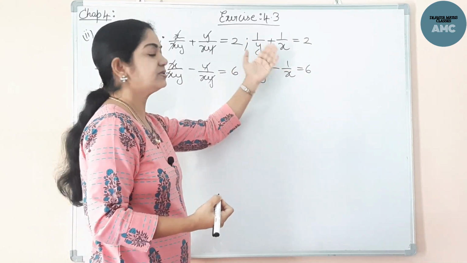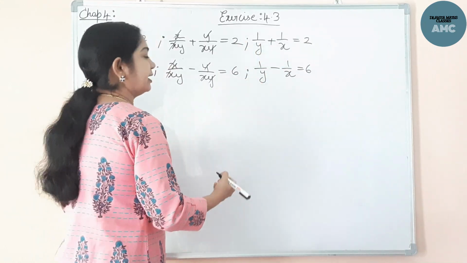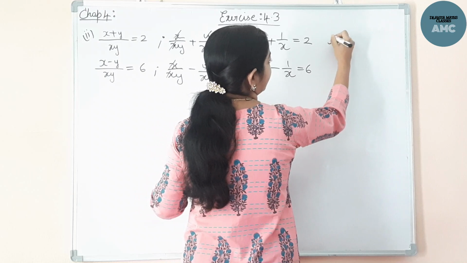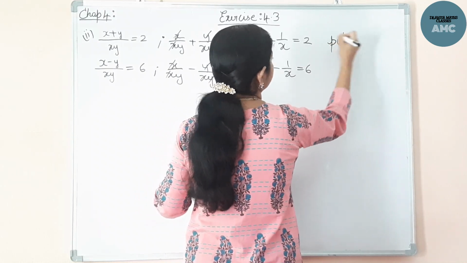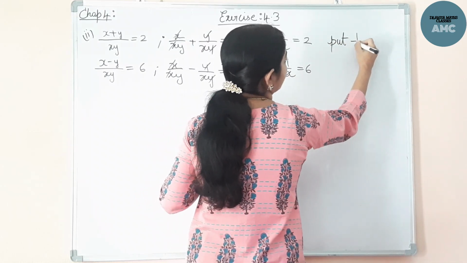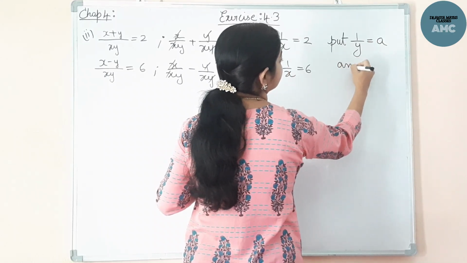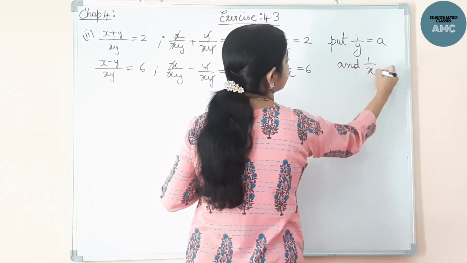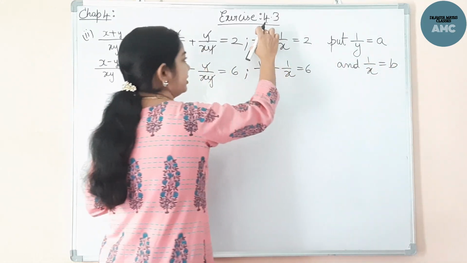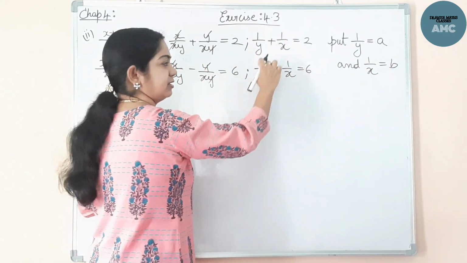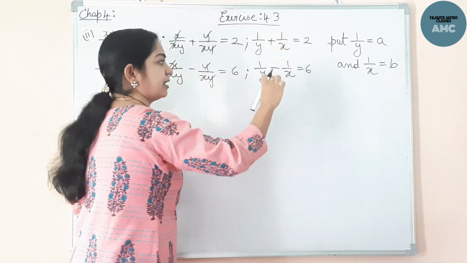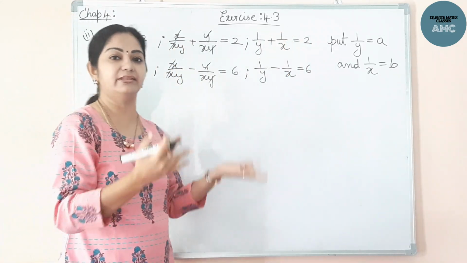Now we will be reducing them into linear equations by putting 1 by y equal to a and 1 by x equal to b, because that is common in both. 1 by y is common, and 1 by x is common. That common part you have to assume as another variable.